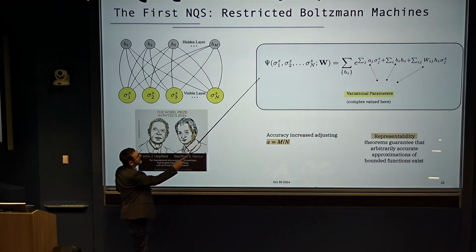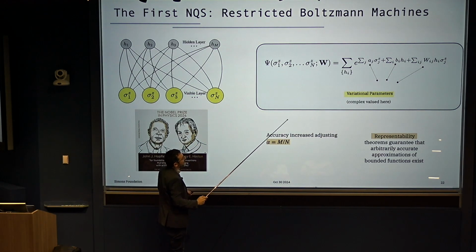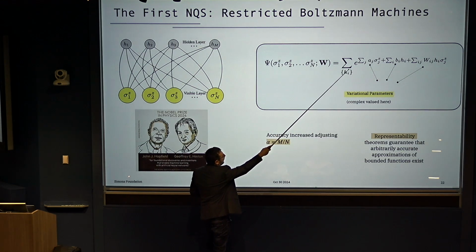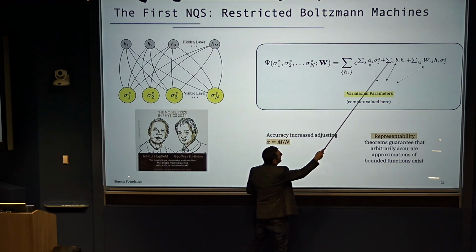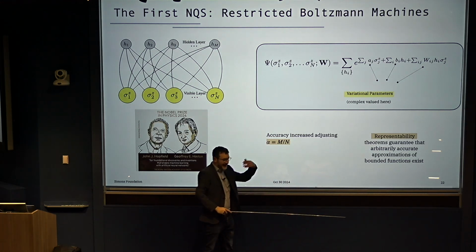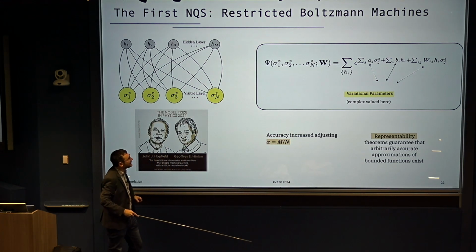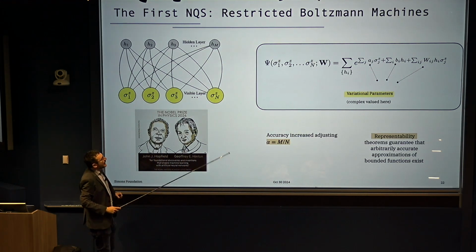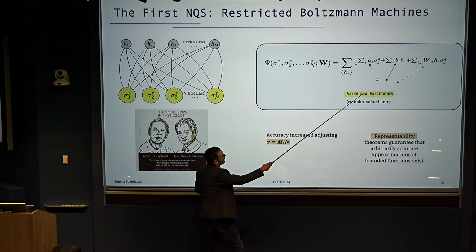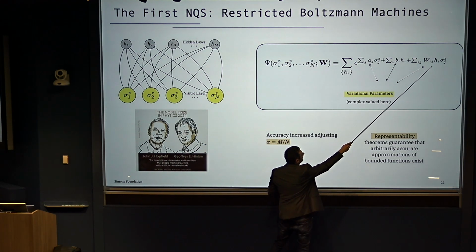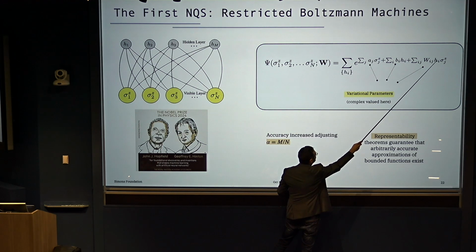So specifically in the case of a wave function, you can see that this takes the form of a Boltzmann distribution, so the exponential of something that looks like an energy, right? So e to an energy is typically found in the Boltzmann distribution in thermodynamics. And in this case, this effective energy that is introduced in these models contains interaction between what we call the visible spins and the hidden spins.